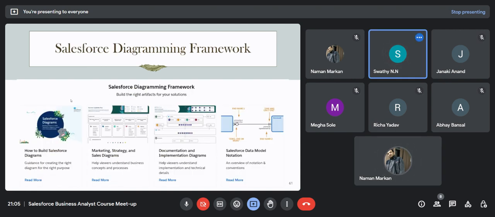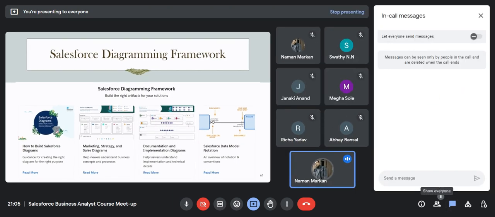Now, looking into the Salesforce specific diagram, we have different diagrams available to us, and let me share a link with you all, so that you can get an idea how a particular person, those who we can say are architects, build a particular framework in order to achieve certain outcomes for their process.